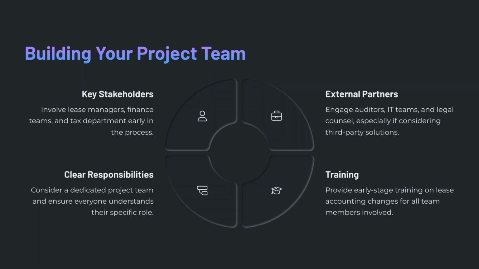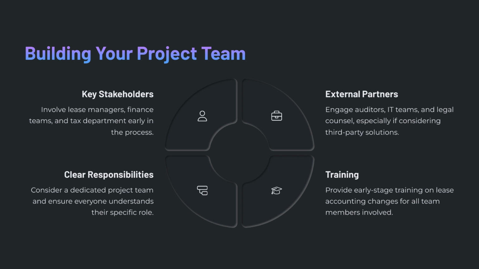Building your project team. A successful transition relies on involving the right people early in the process. This isn't a one-person job. Identify key stakeholders across your organization, including lease managers, finance teams, and the tax department, as well as external auditors. If you are considering third-party software or MSP outsourcing options, be sure to engage IT and legal teams as well.